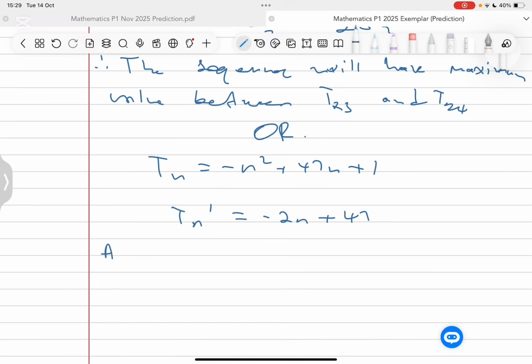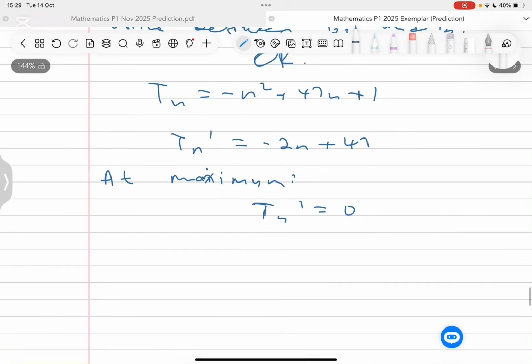And we're going to argue that at the maximum, that's where we get our stationary points. At the maximum, the first derivative should be equal to 0, because at our turning points the derivative is equal to 0.